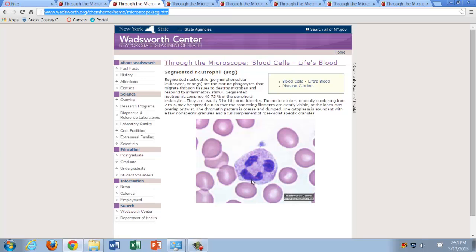You can see a lot of cytoplasm here. It's lighter in color, and you can see a little bit lighter pink granulation. There are granules here. So you have multiple lobes, or polylobes, a poly or a seg. This is a polysegmented neutrophil.